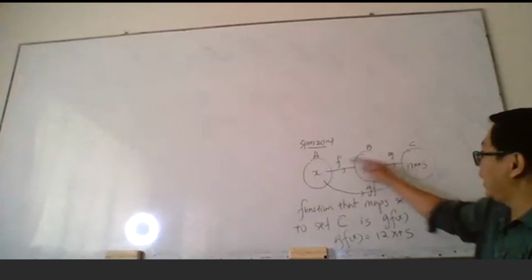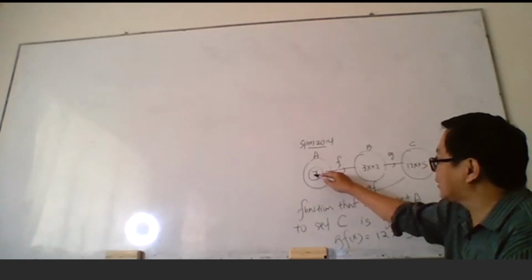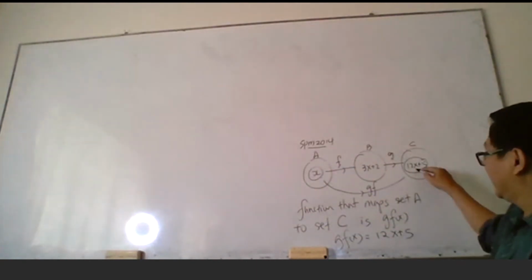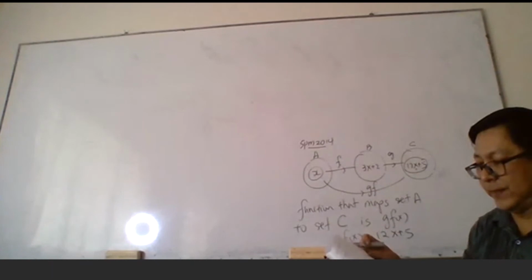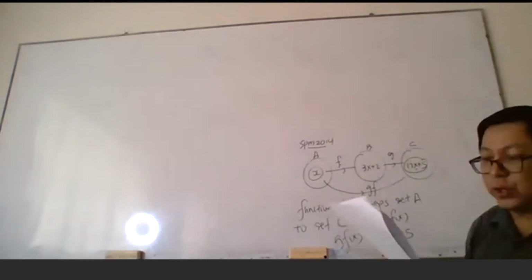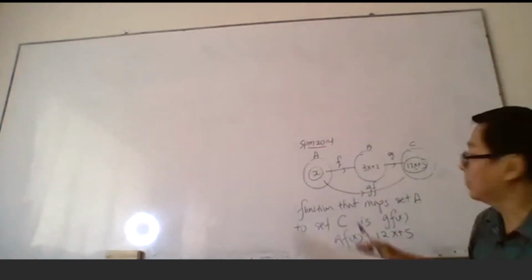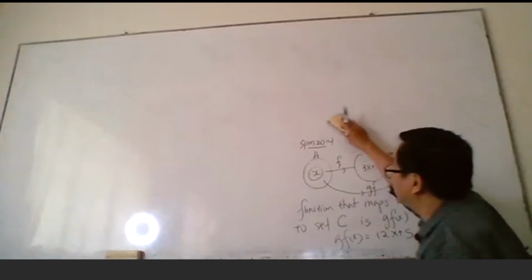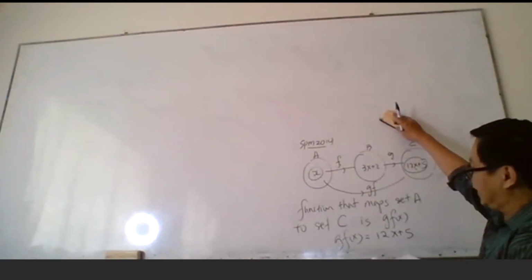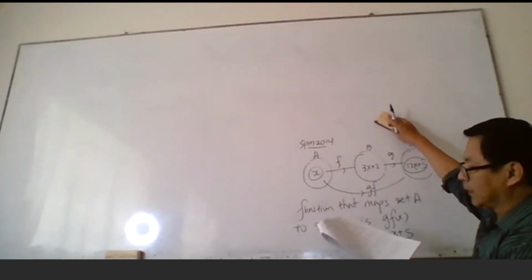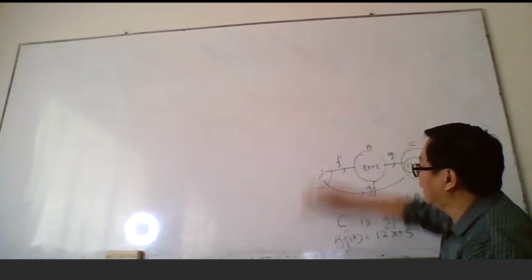Okay, so gf maps object x to become your final image of 12x plus 5. That's in your page number 15. So I will wrap this up so that I can proceed to question 33.